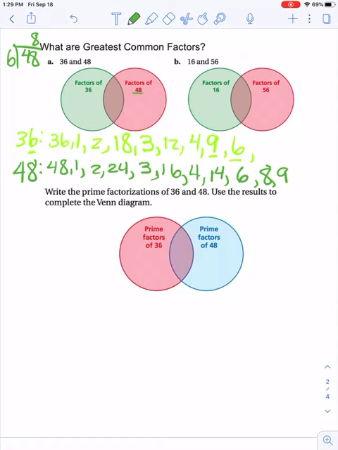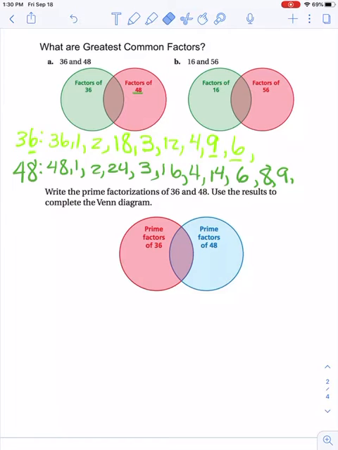Will 9 go into 48? There's nothing times 9 that will equal 48, so that does not. 10, it's not, and now we're at 11. It's not divisible by 11, and now we're back to 6 and 8. So these are all of the factors of 48, okay?